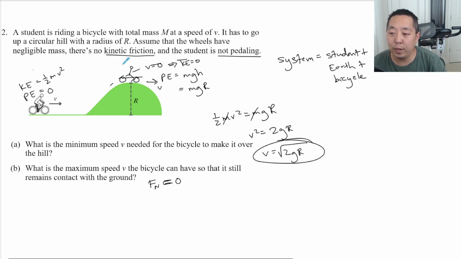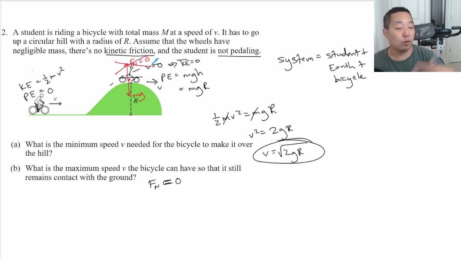So we look at a free body diagram of the guy up here and we say, okay, I have gravity going down and a normal force going up, but the normal force is 0. There's no friction and nothing else is touching the bicycle and the student, so the only force is mg.